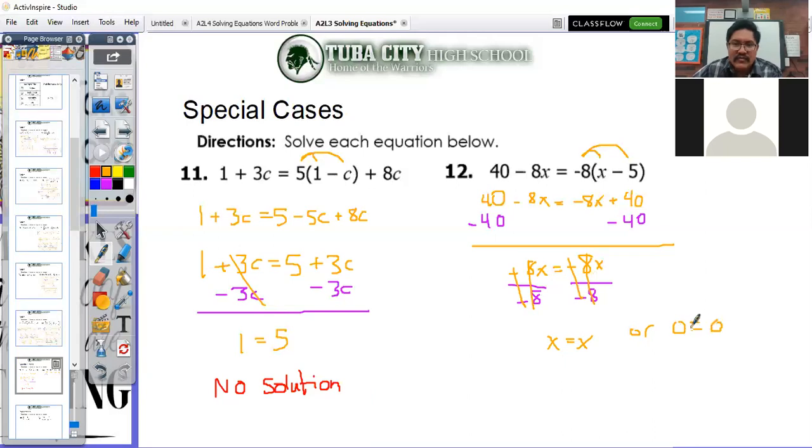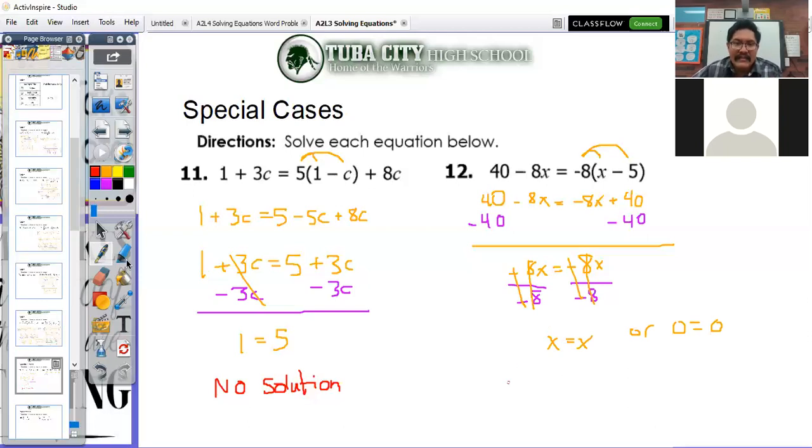Or again, if I were to divide everything, I could get 0 equals 0. Now, in this case, it's true. Both of these statements are true statements: 0 equals 0, x equals x. And if I plug in, say, 15 for x, 15 equals 15. That's true. What if I plug in 100? 100 equals 100. That's true. Negative 5 equals negative 5. That's true.